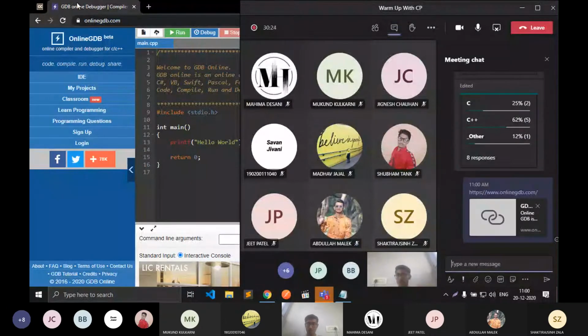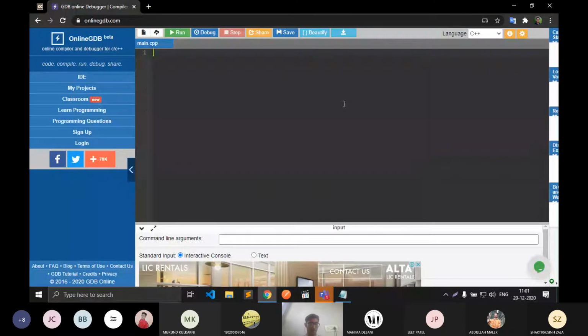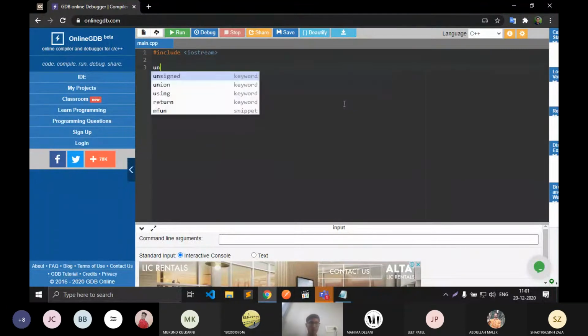Let's create a format. iostream, using namespace std for OOP input output print.